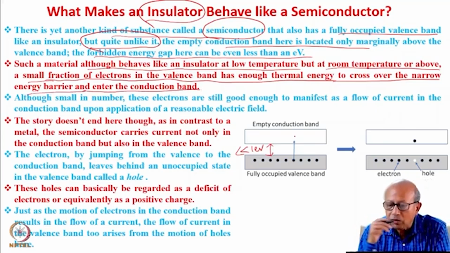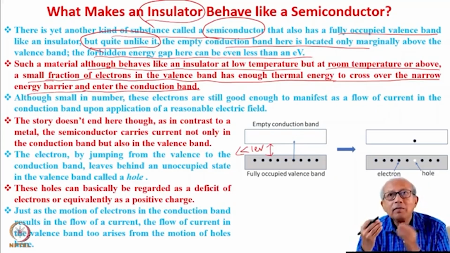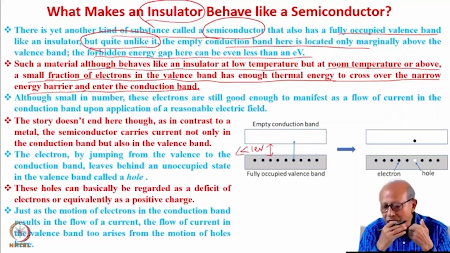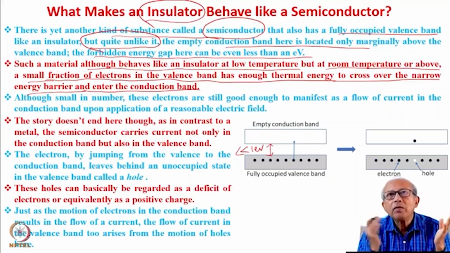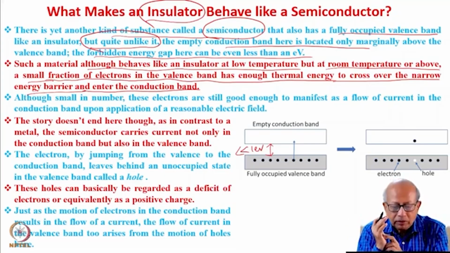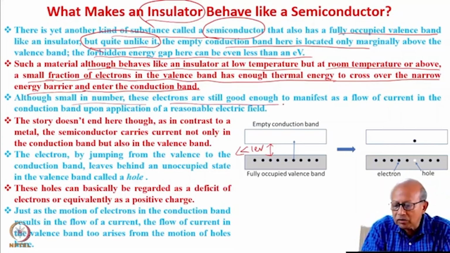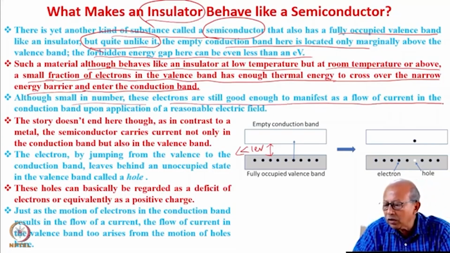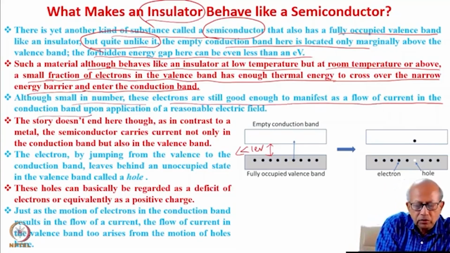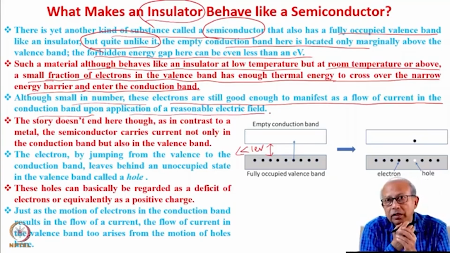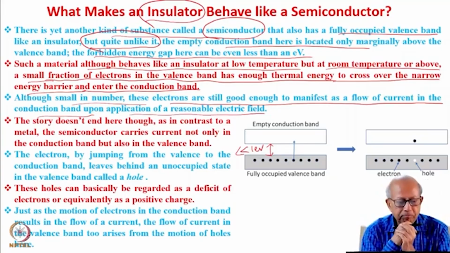Once it enters the conduction band, with a little potential difference, it can conduct electric current just like a metal. Although small in number, these electrons are still good enough to manifest as a flow of current in the conduction band upon application of a reasonable electric field, just like a metal.